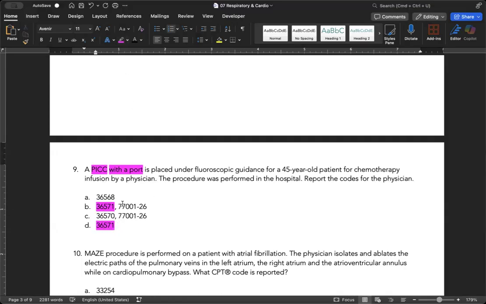And then we need to determine, should we report, because we do have that fluoroscopic guidance. So do we need to report the fluoroscopic guidance separately, or should it be included in the 36571? What do you guys think?